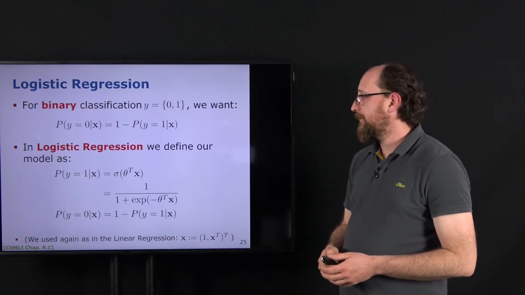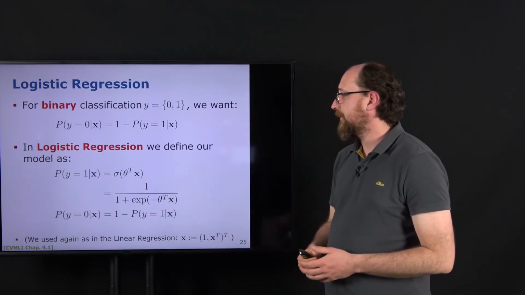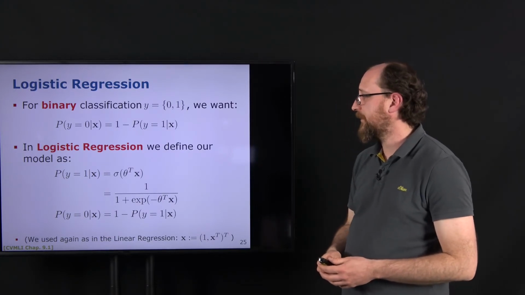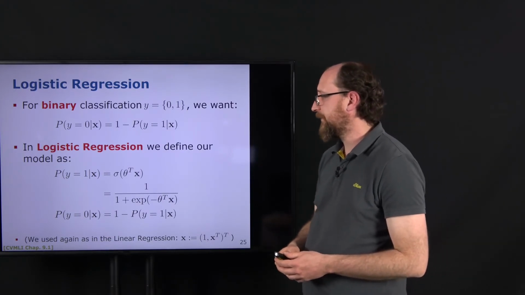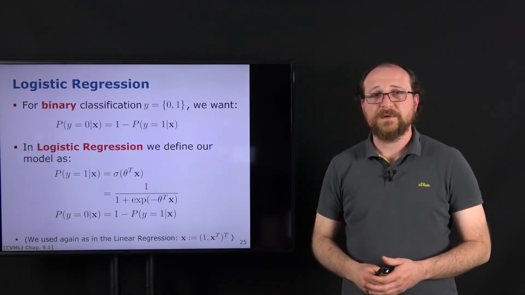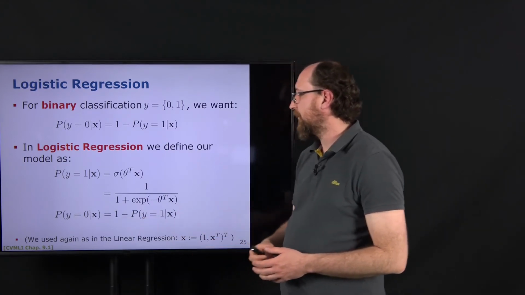When we plug this in, we get the fraction 1 over 1 plus exponential of minus theta transpose times x. And as before, for class 0 we just assume it's 1 minus p of y equals 1.